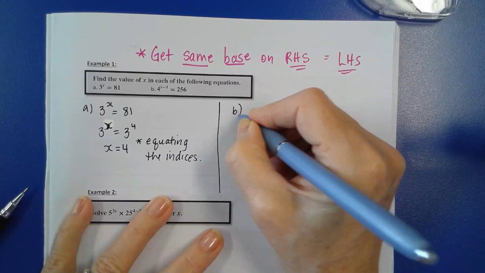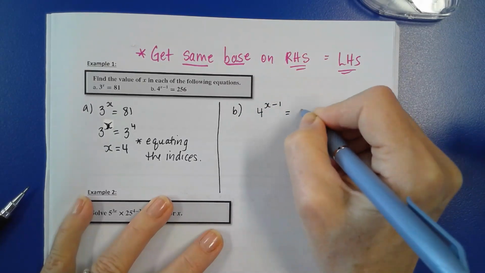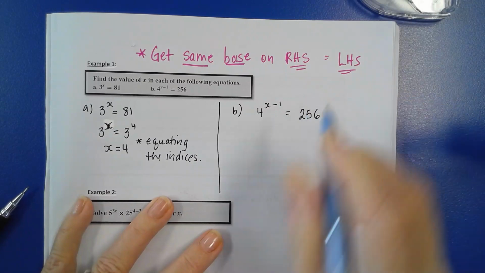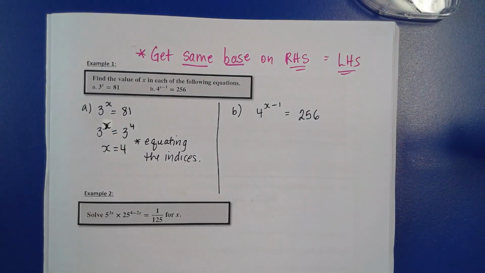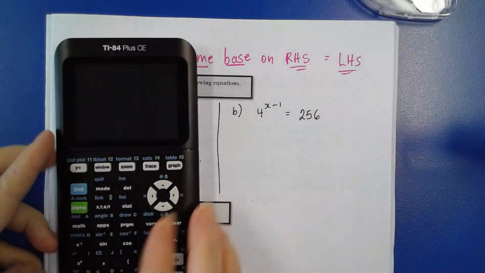Okay, B. I'm not sure if that's 4 to the something. I don't really know. So I could grab my calculator and say, all right, I'm doing these problems.